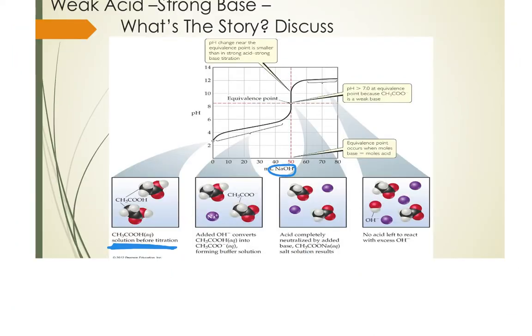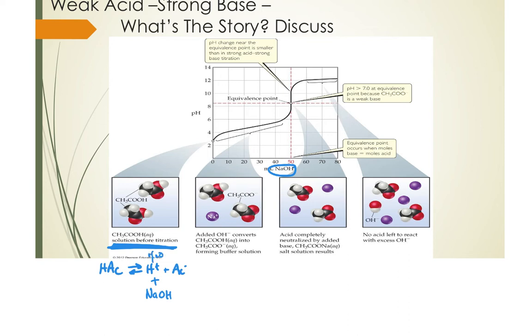So basically, in the beginning, you have your acetic acid in an equilibrium situation with H plus and acetate. Okay, so then, as we start to add NaOH to this solution, the NaOH is going to react with the H plus to make water.